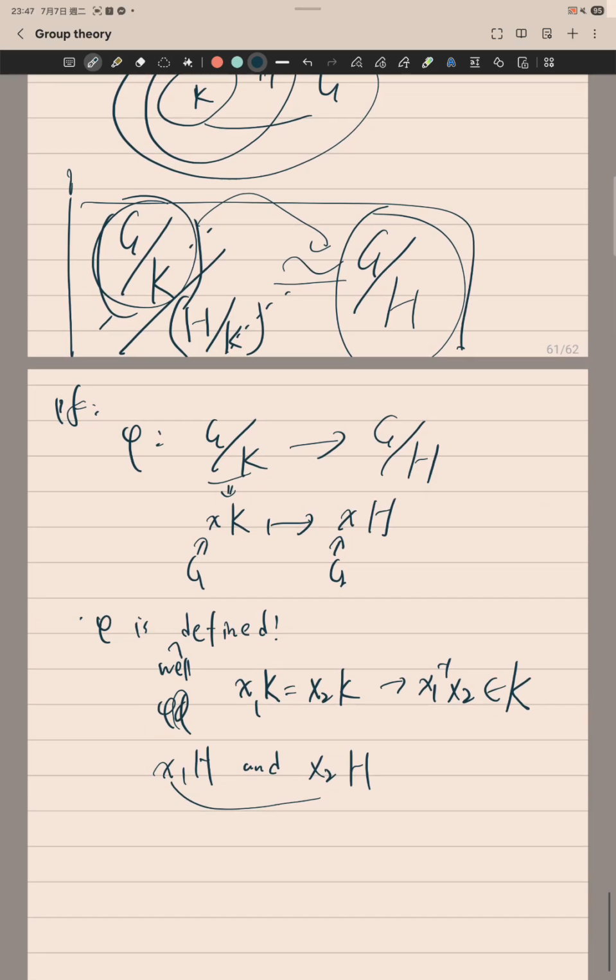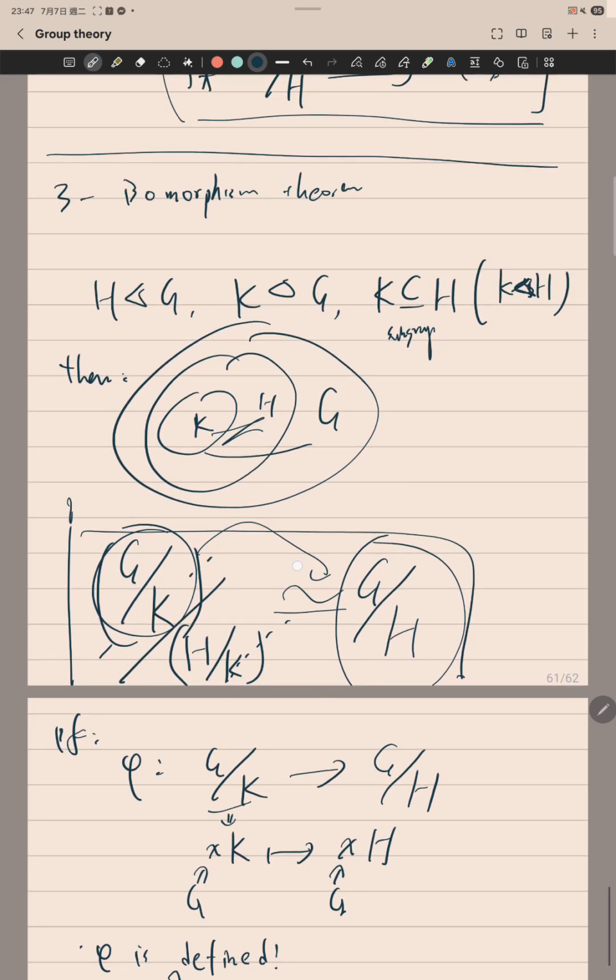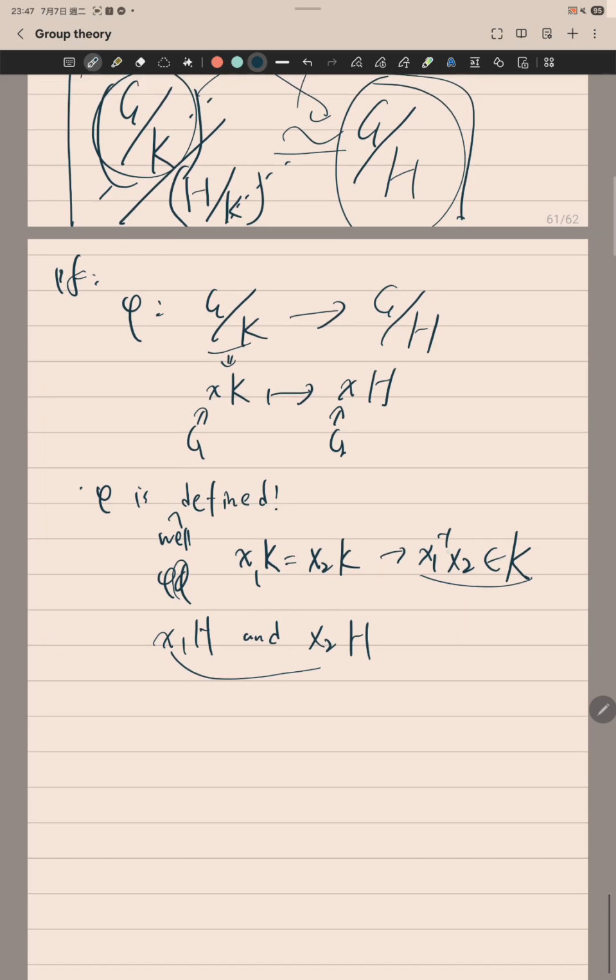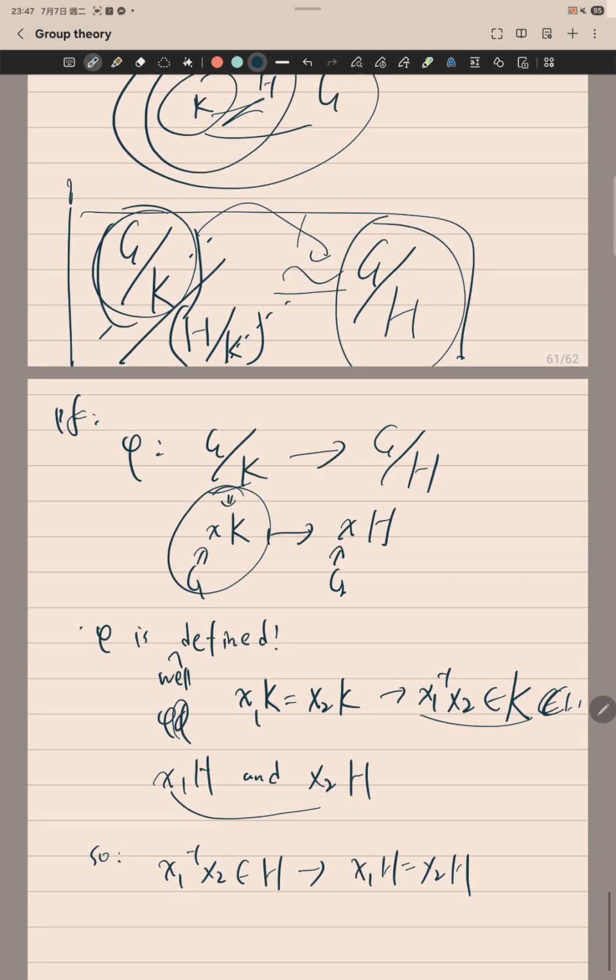They definitely are the same because K is a subset of H, so x1 inverse x2 actually belongs to H. This implies that x1H equals x2H.